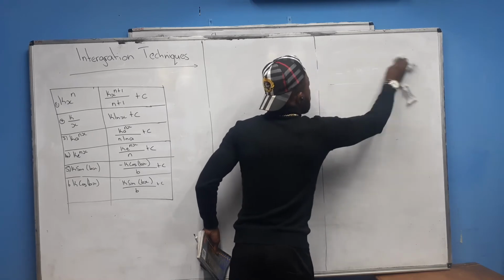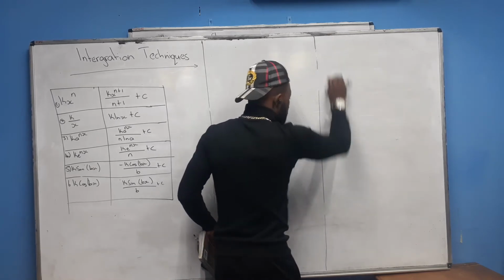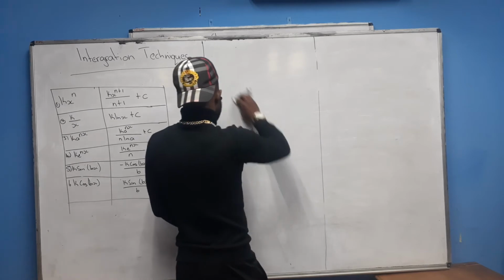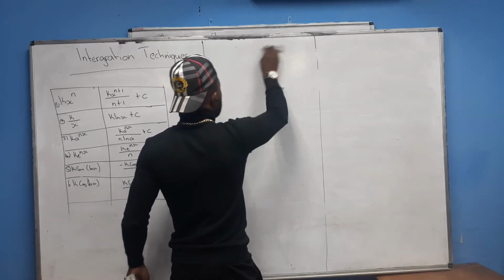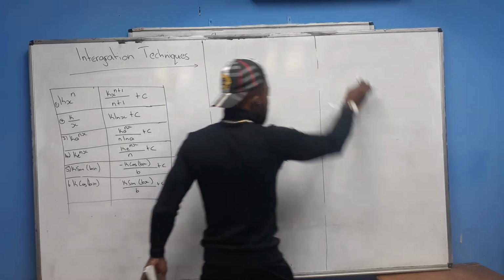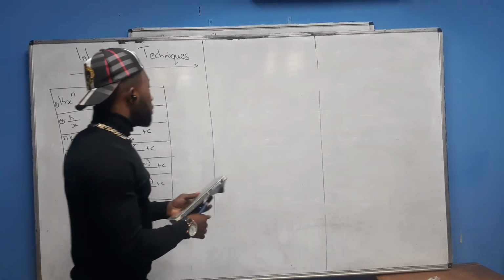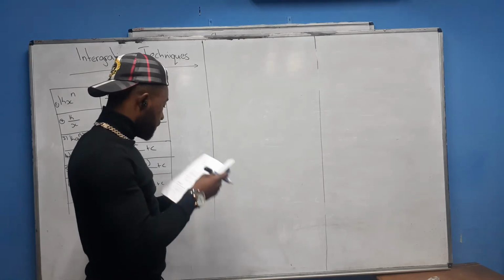So this is just a normal basic integration. I just started with the basic integration, so I'm going to do another video doing the different types that we have when we're integrating.